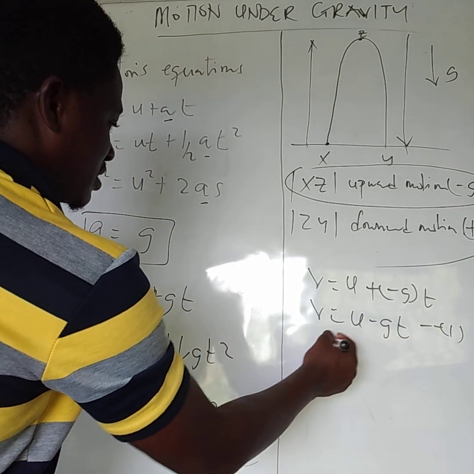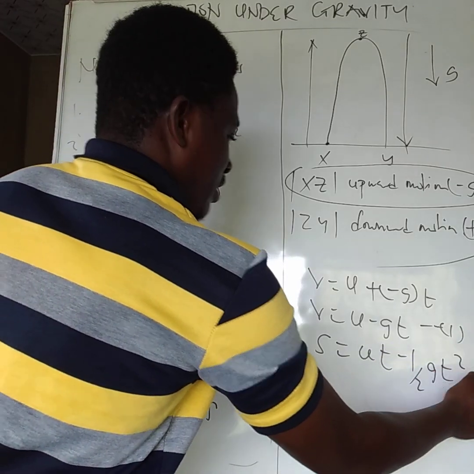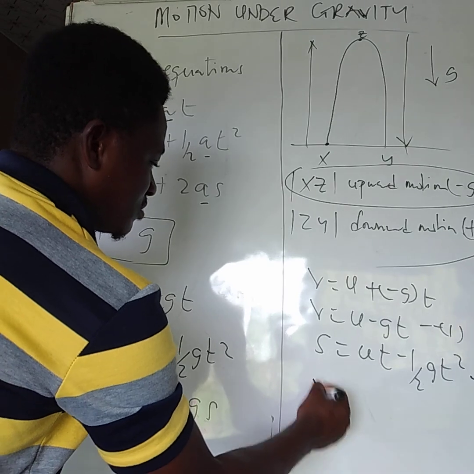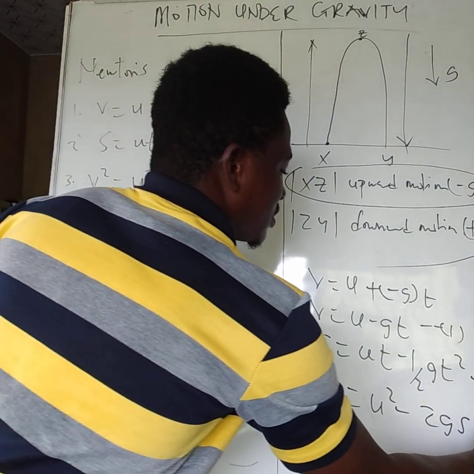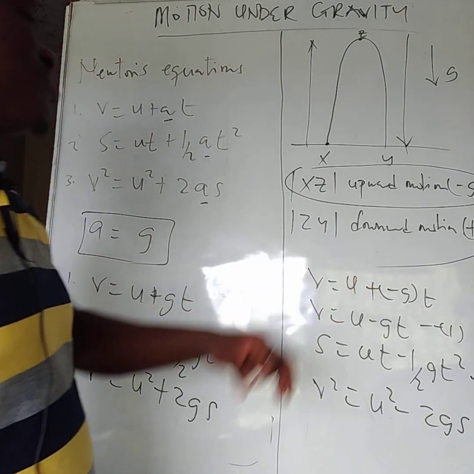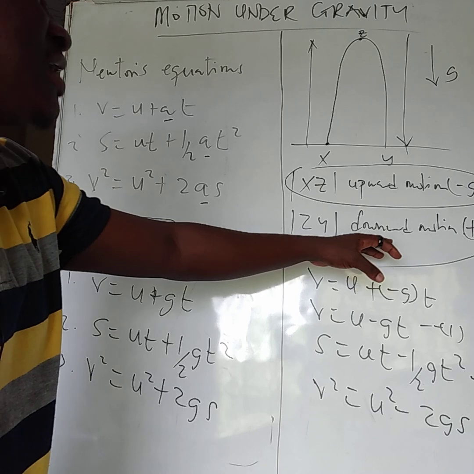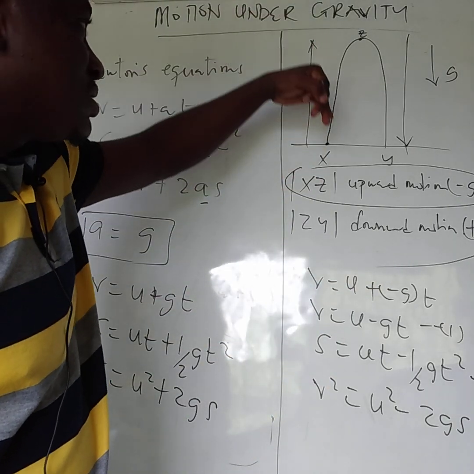Our second equation becomes S is equal to Ut minus half Gt squared. Equation 2. Our third equation becomes V squared is equal to U squared minus 2Gs. This becomes our third equation. The same equations can be written for downward motion, since gravity is always acting downwards.